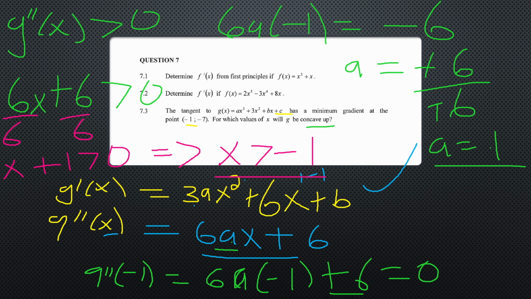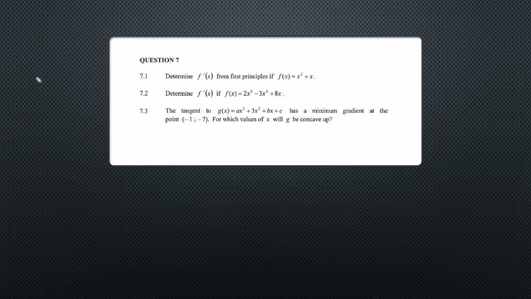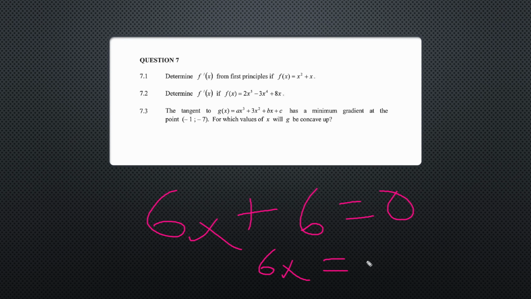I don't actually have enough board, but I can go back and say 6x plus 6 is equal to 0, and you know that 6x is equal to -6. So when you divide this, you are going to get a -1. But remember, since we are dealing with the concave up, then we have to look for g double prime of x greater than 0, meaning that we don't have to use an equal sign here.